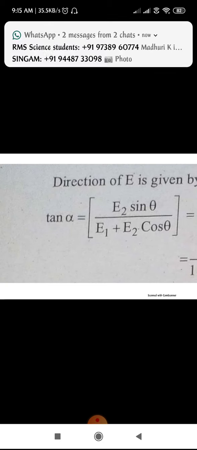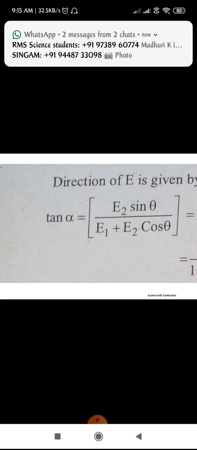Okay, so coming to the next, the direction of electric field intensity is given by the formula tan alpha is equal to E2 sin theta divided by E1 plus E2 cos theta. This is the same formula you have studied in the previous year, in the chapter of motion in a plane.